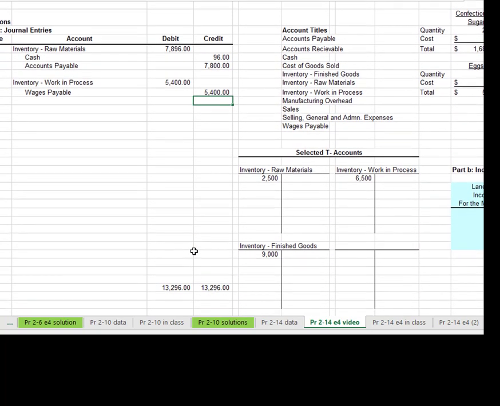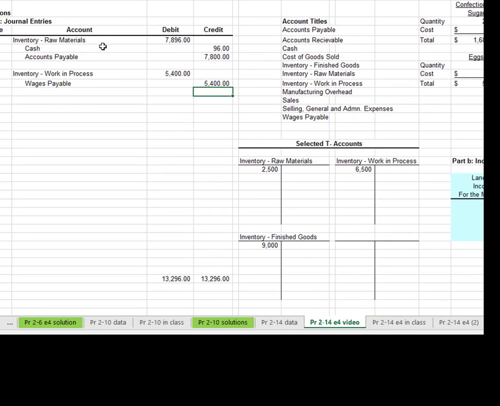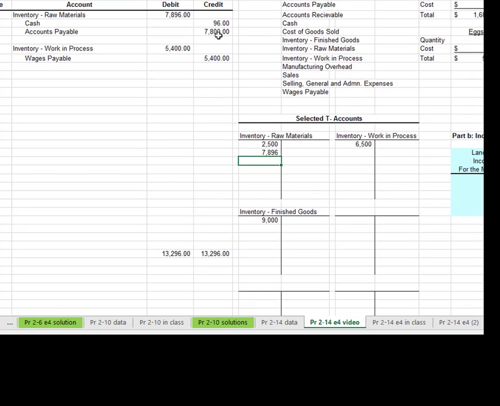All right, now let's post these things. I forgot to post this first entry right here, so let's go ahead and do that. Inventory raw materials is debited $7,896. Okay, I'm not keeping track of cash and accounts payable. Those are balance sheet accounts, so I don't really need to keep track of those.